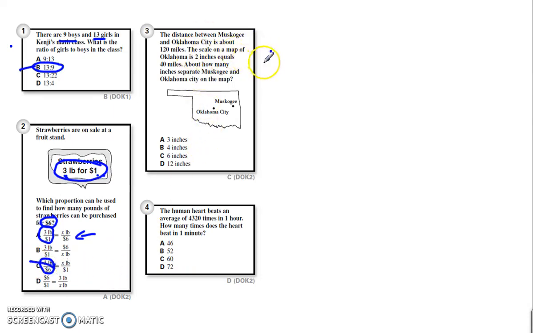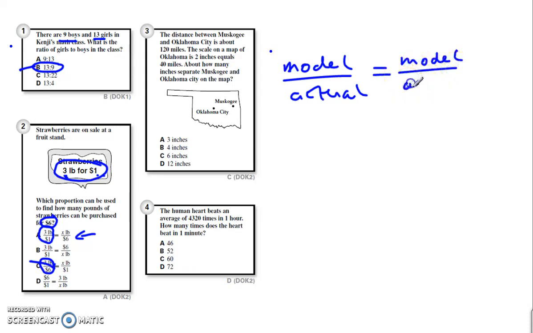For problems like this that have a scale, I like to do model to actual. So model to actual, and then we can set up our proportion equals model to actual. There's many different ways you can arrange this, but that's how I like to do it. Model to actual. So in the model, 40 miles are 120 miles in the actual.